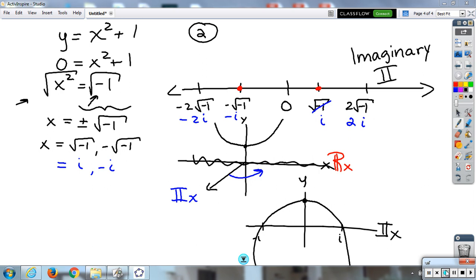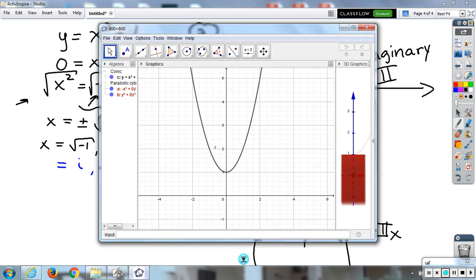Try to do this in 3D. My drawing isn't that great, so I'll try to reproduce it in Algebra. So again, here's x squared plus 1 with the real x-axis and the y-axis.